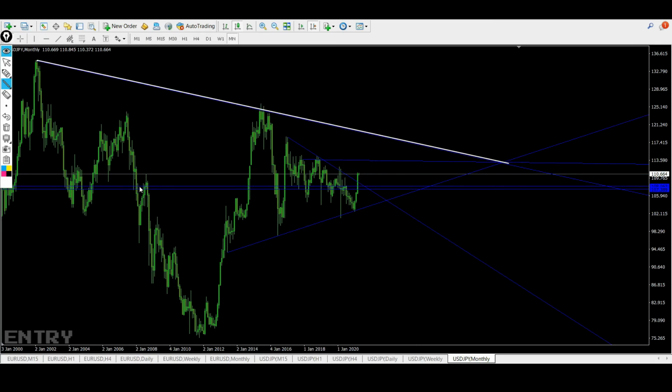Again, if this range right here gets broken out and price begins to close above this range, well then possibly price could reach this trend line up here. Okay, but for the time being, what we want to be looking for is for price to stay within this range right here, and moreover on the weekly chart to have 2 red candles to form.